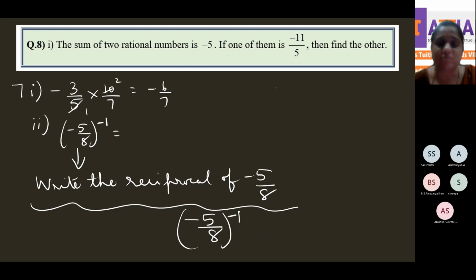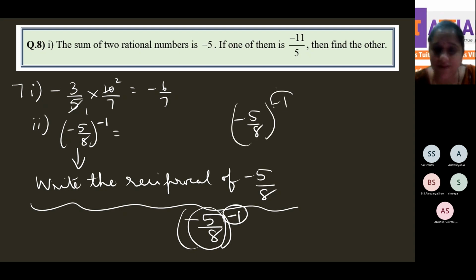When I raise it to the power minus 1, it means write the reciprocal of the base. This is the base. This is the power. Minus 5 by 8 is the base and minus 1 is the power. When the power is minus 1, we need to write the reciprocal of the base. So what's the reciprocal of the base? Minus 8 by 5. This is the answer.